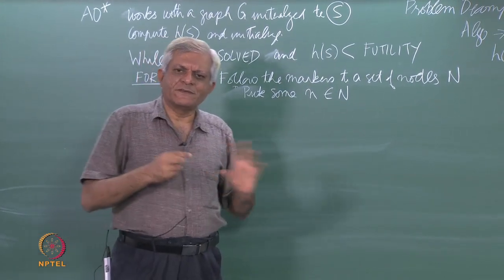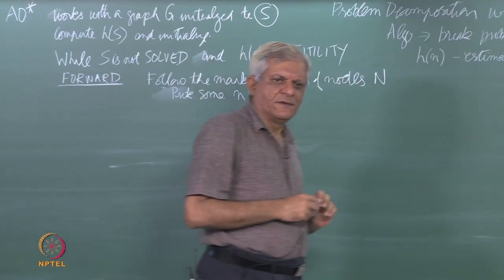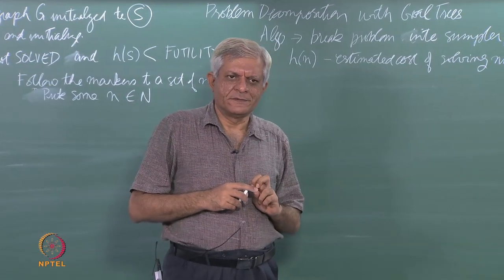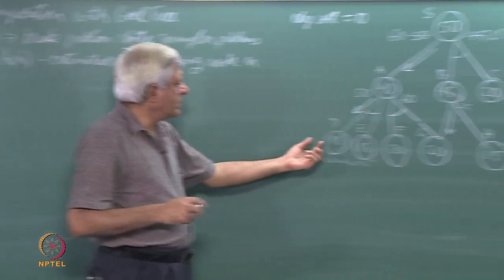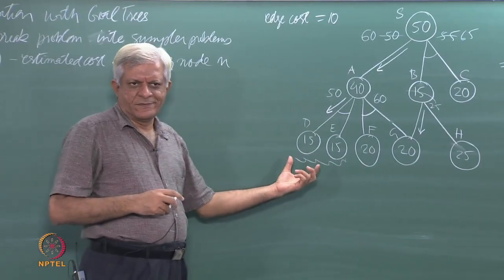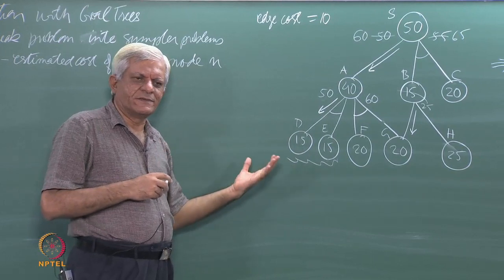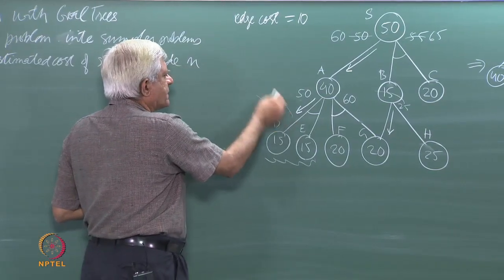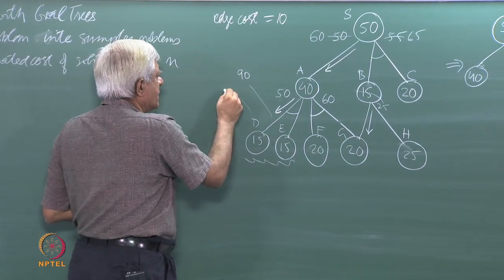Does it matter which one I pick next, whether I should pick D or whether I should pick E? So, in this example of course, both the costs are 15. So, obviously there is no way of telling which one I should pick, but let us say for some other example, this cost was 90 and this cost was 20.